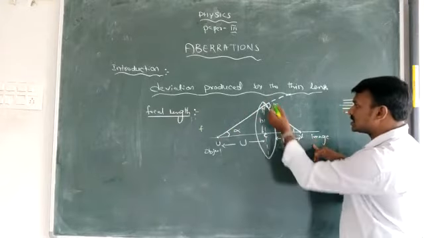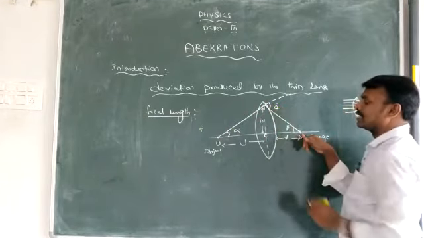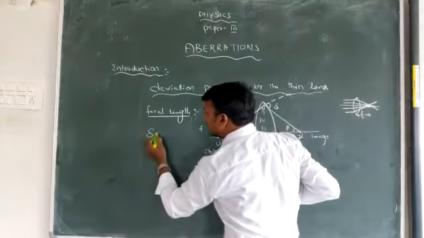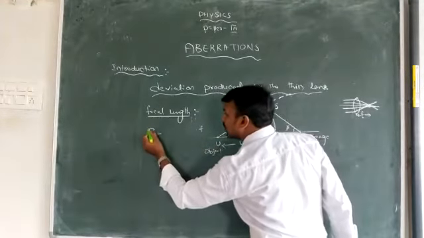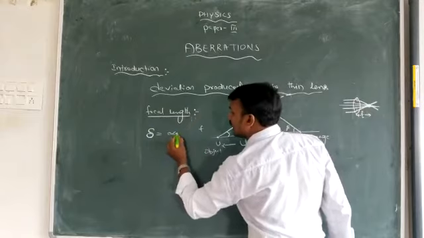We know that delta is the deviation angle. Deviation angle delta is equal to alpha plus beta.